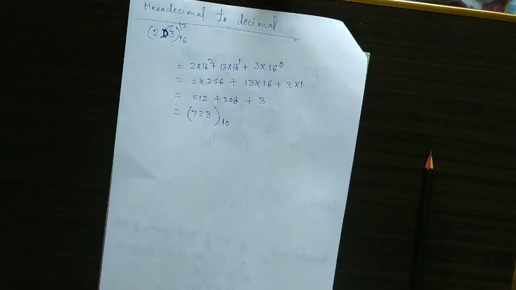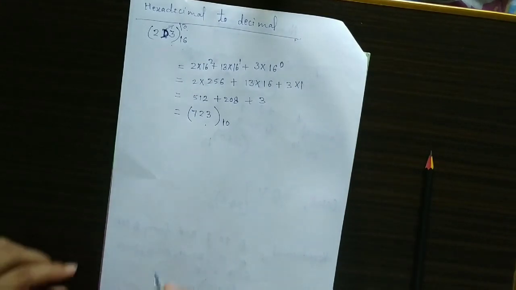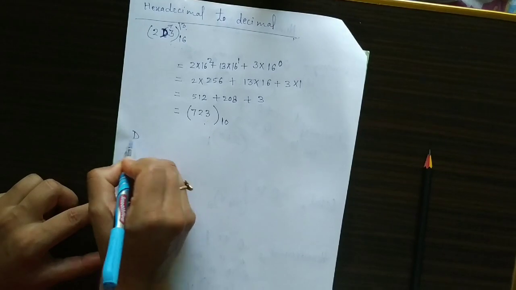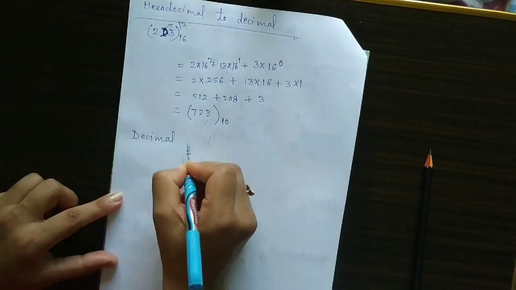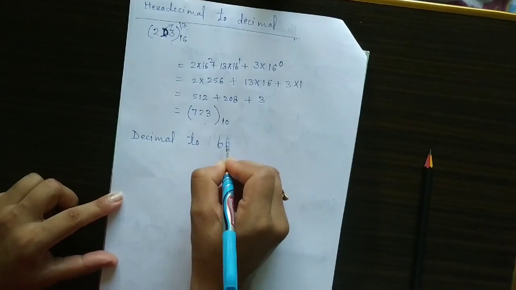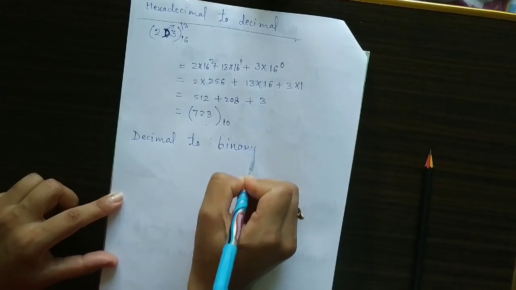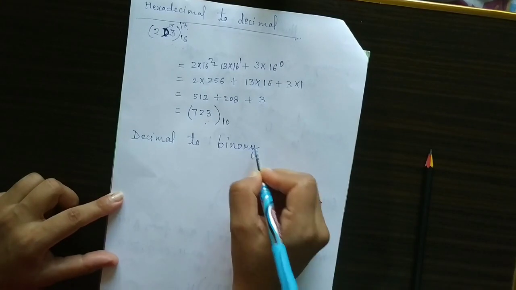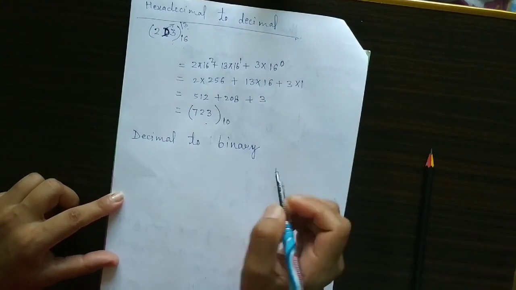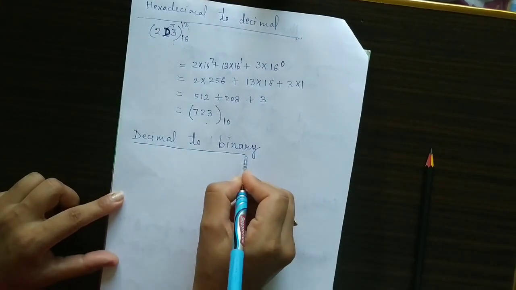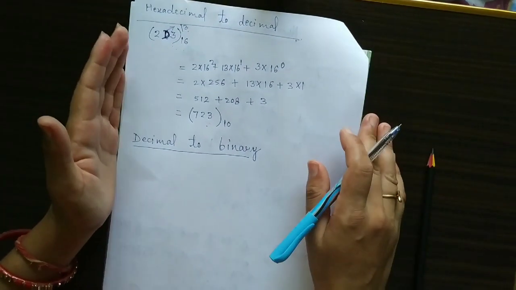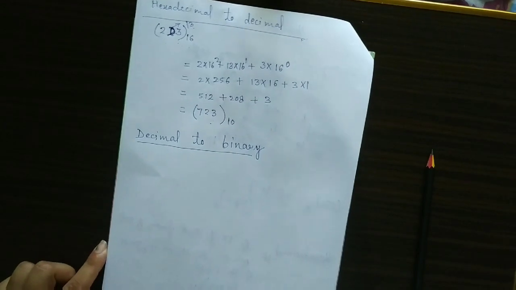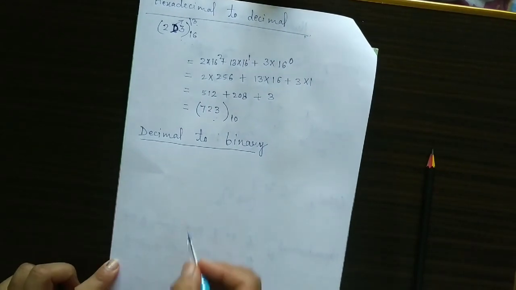Now we will learn how to convert decimal into binary. Decimal to binary conversion. Now you know how to convert binary to decimal, and now I'll tell you how to convert decimal to binary. It is also easy.